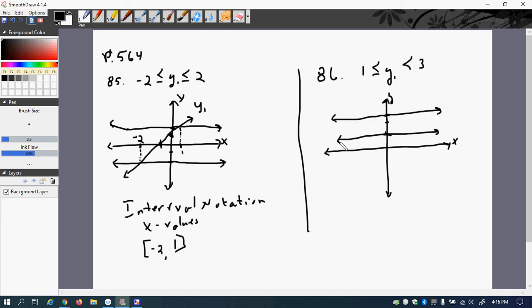Then the line, the y1, is going through at the 1 value, so it's intersecting here. Just to make sure that I'm doing this correctly, it's going through like this.